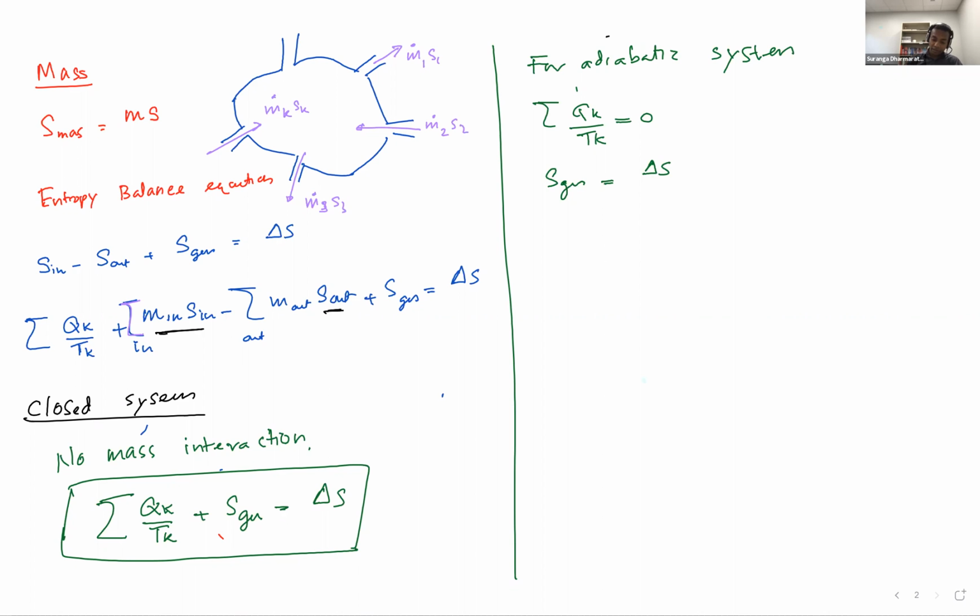So in the rate equation, I can write the same entropy balance equation for open systems: S in minus S out plus S gen equals delta S. And yes, heat interactions are there.